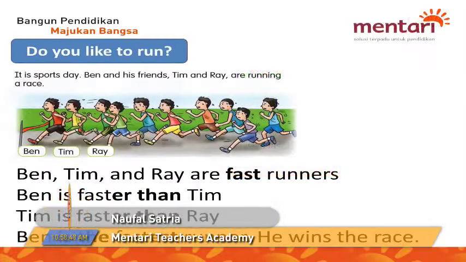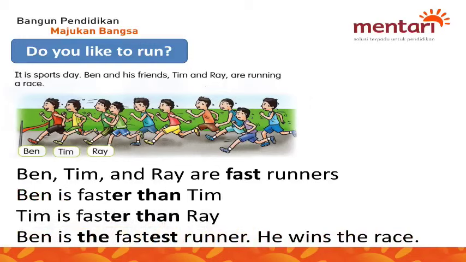Ben, Tim, and Ray are fast runners. The second one, Ben is faster than Tim. The next one, Tim is faster than Ray.